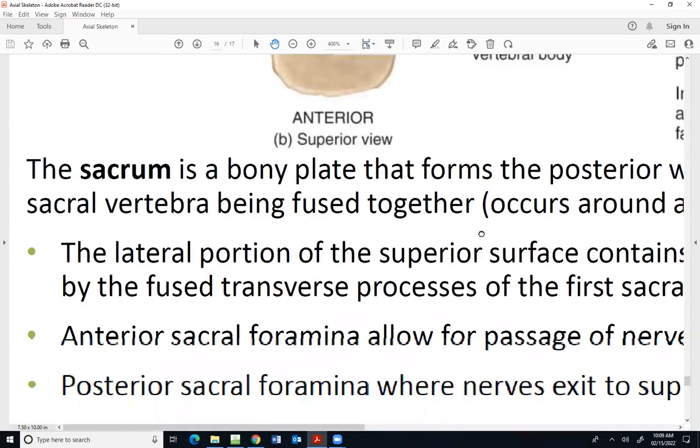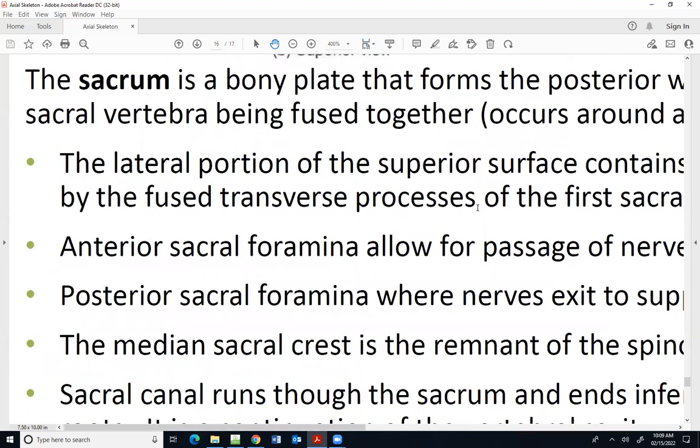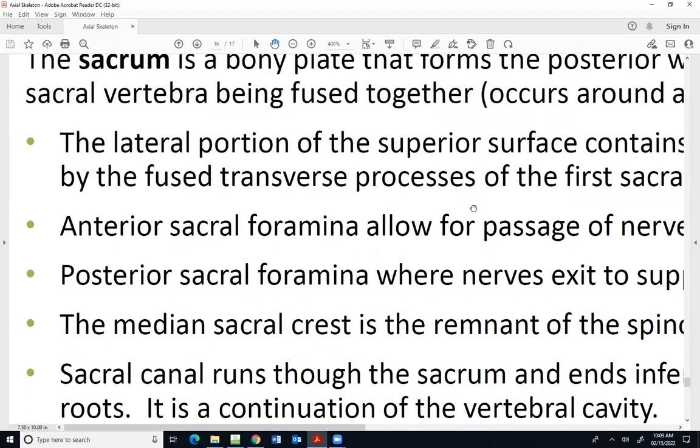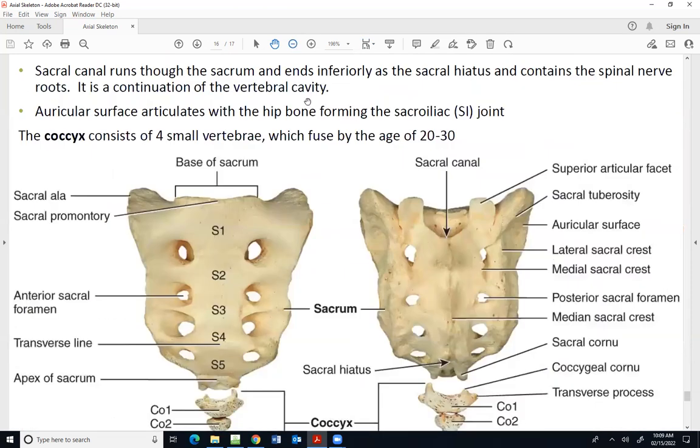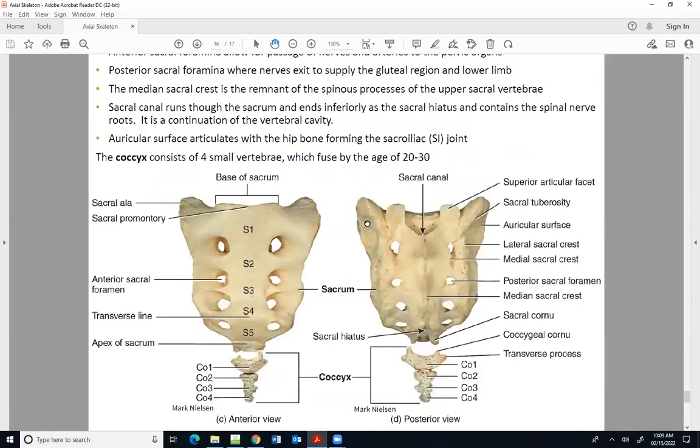All right, and then that brings us to our sacrum, and we'll go ahead and talk also about our coccyx. A couple of images here: an anterior view and a posterior view.